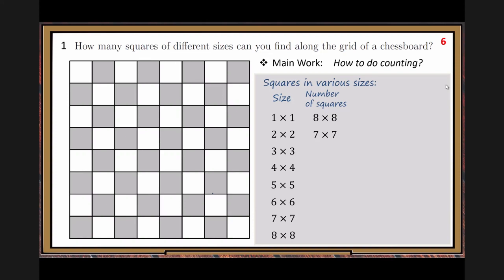You do not need to do the things for all the different sizes, because you observe some special rule you can apply everywhere. Then, the final answer, just add up all these numbers. You get an answer.